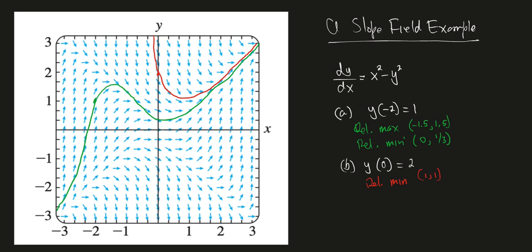All right, let's try one more. Let's say for C, how about we go for the origin, where this one passes through 0, 0. Smack dab in the origin right here. So, what about that one? Well, this one kind of flattens out here, and then it goes down maybe like that.